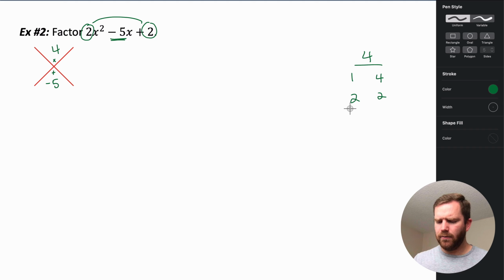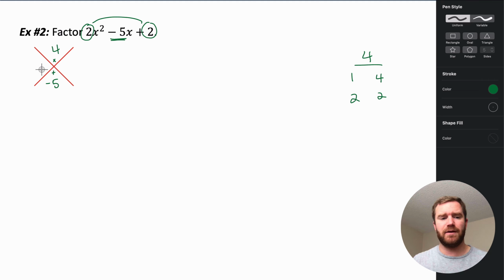Okay. Now, something interesting is happening here because the bottom number is a negative 5, and then our top number is positive. So what has to be true about our two numbers in order to multiply to be a positive number, but add to be negative? If they're both positive, will they add to be a negative number? No. If they're both negative, can they add to be a negative number?